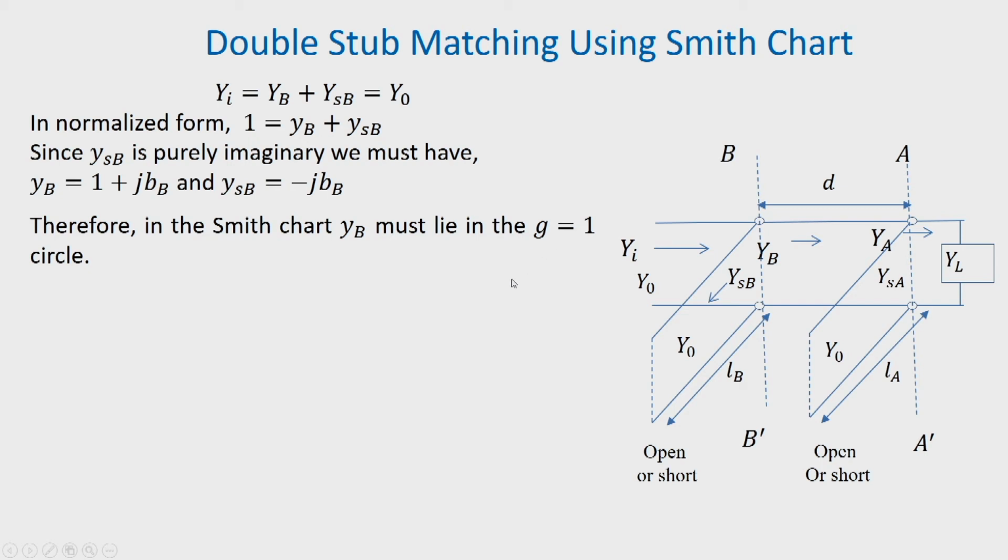We are using the Smith chart as an admittance Smith chart, and since the real part of y_B is 1, it must lie on the g equal to 1 circle.